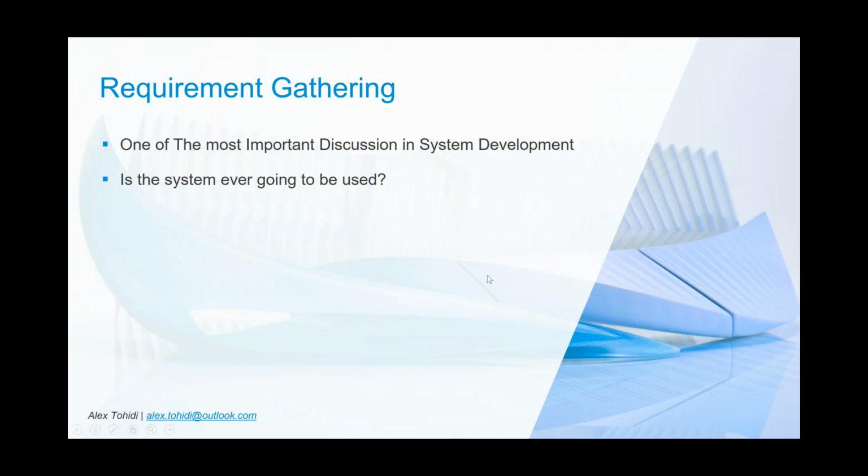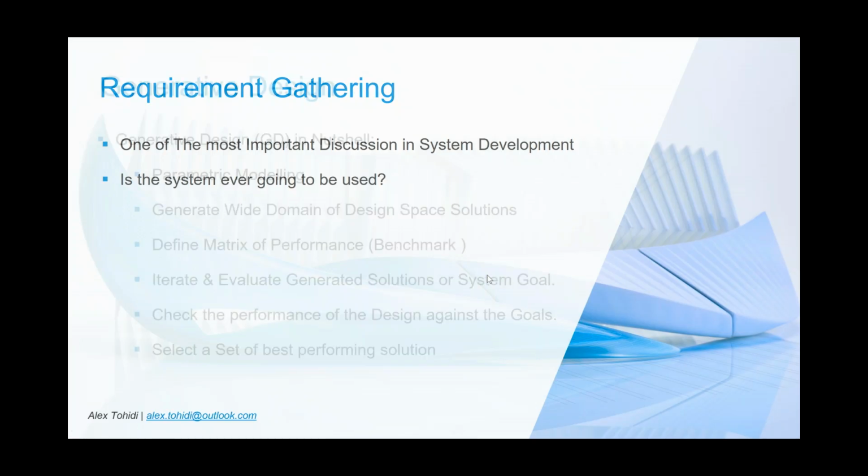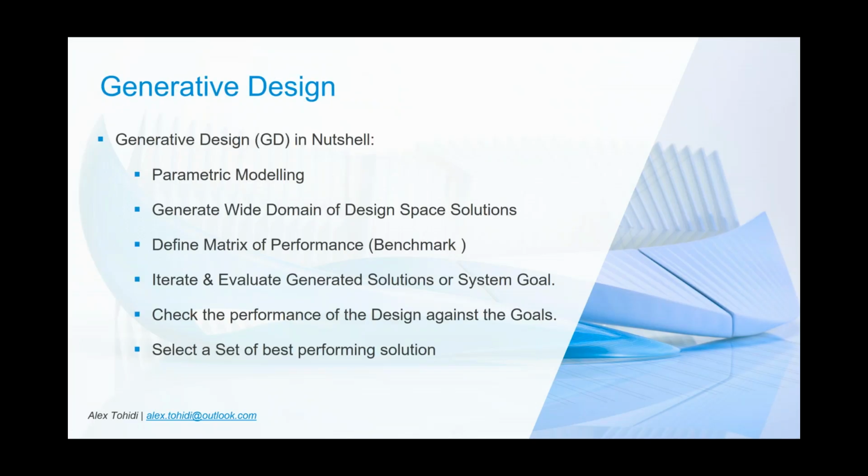In generative design, in a nutshell, first you have to have a parametric model that can generate a wide domain of designs. We call it design space solutions. Then you need some sort of goals to measure the performance of the generated design and evaluate it.